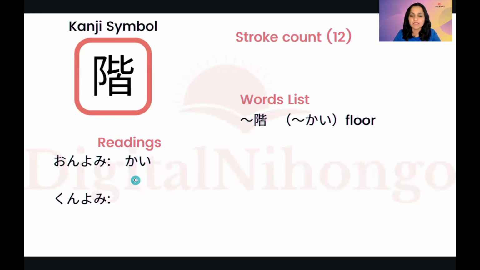Then the next one is kai. Kai for floors. Ikkai, nikai, sangai. That is floors. This is the counter for floors. See the kanji. It's very typical. This is something like hi. Then this is the kanji of shiroi. Shiro. Kanji of white.